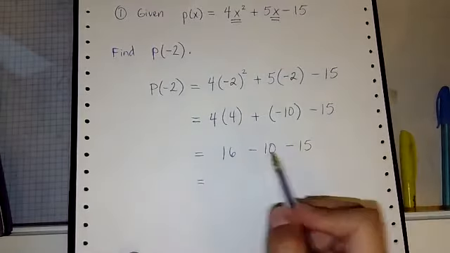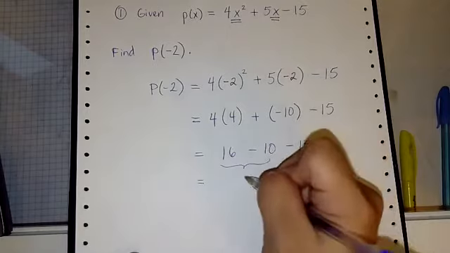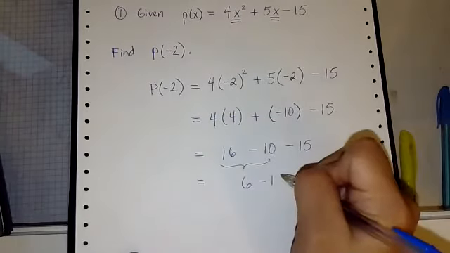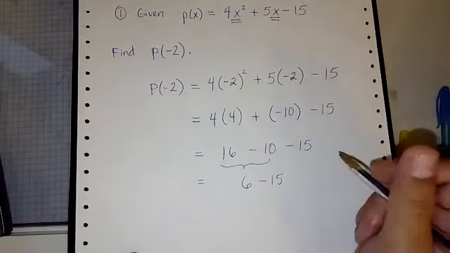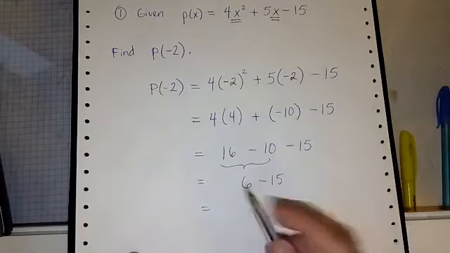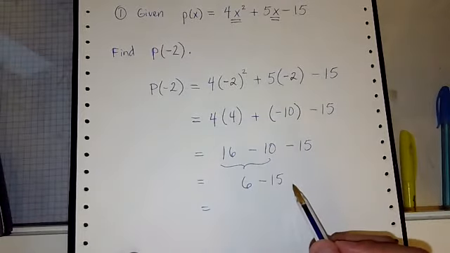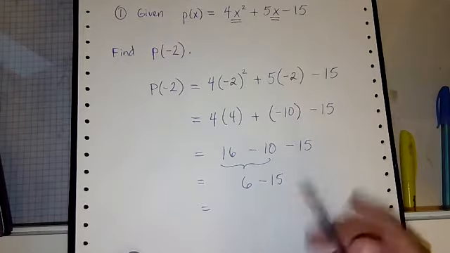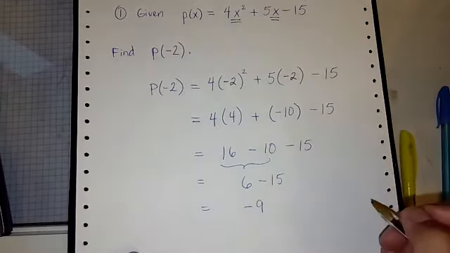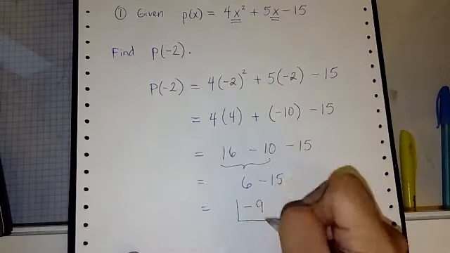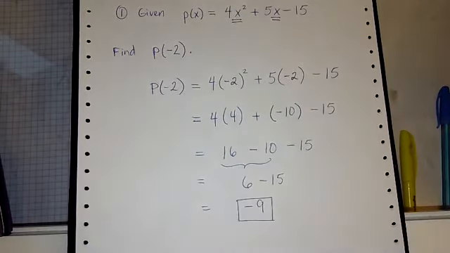And then 16 minus 10 should be 6 minus 15. And then finally, 6 minus 15 would be negative 9. And that'll be your answer.